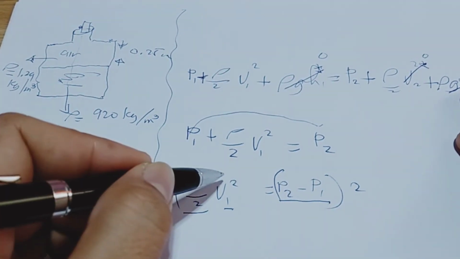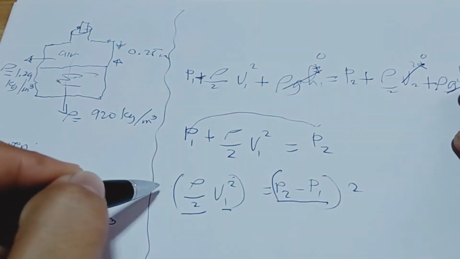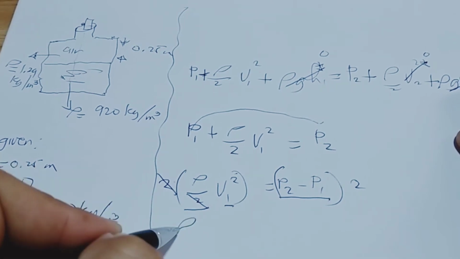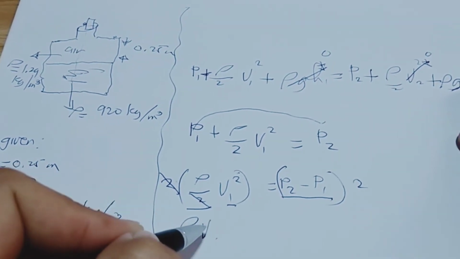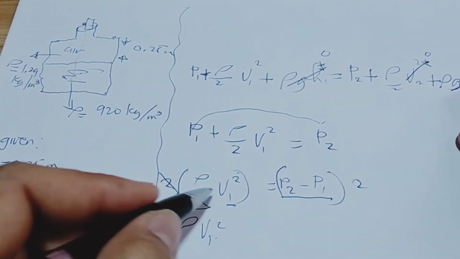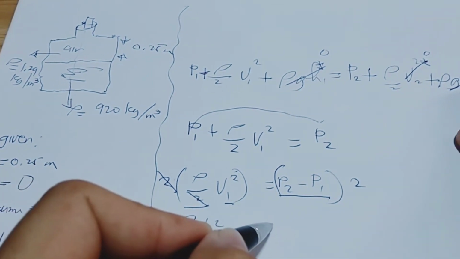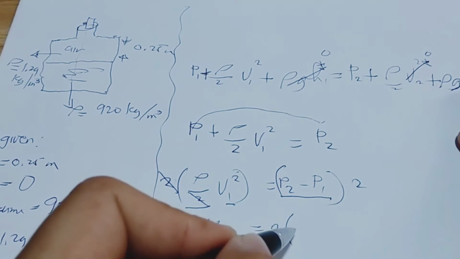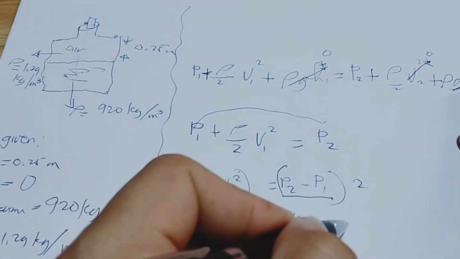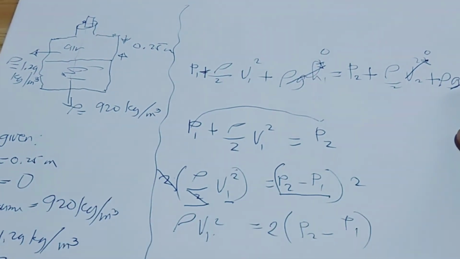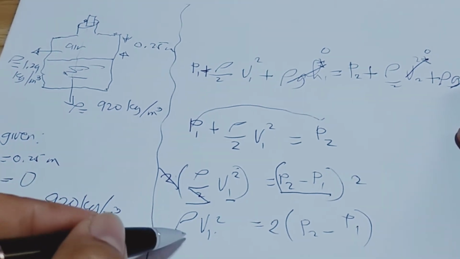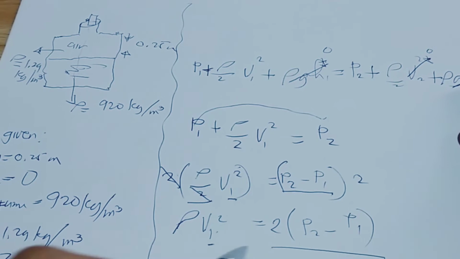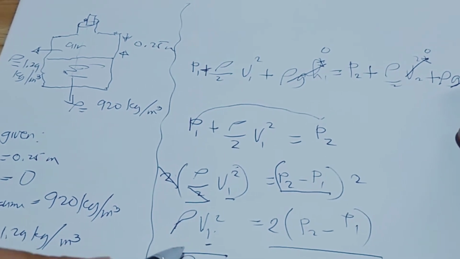Multiply by 2 para ma-cancel out yan. So, mayroon na kayong rho v sub 1 squared is equals to 2 times p sub 2 minus p sub 1. Okay? And then, para mailabas natin itong v sub 1, ngayon na tayo magdi-divide ng rho.